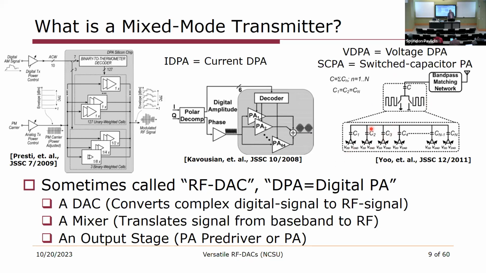And this is going to be really favorable for CMOS operation, as we'll see in just a minute. Beyond the DAC function that I just described, the mixed mode transmitter or digital power amplifier or RF DAC also provides mixing, so it does up conversion, and it also can provide significant output power, so it can be treated as an output stage or a power amplifier by itself.